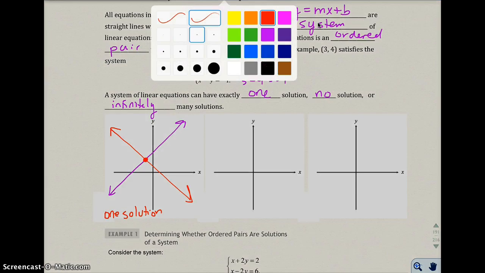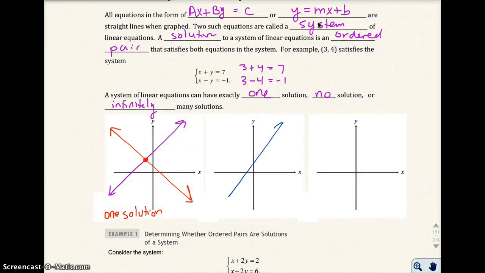You can also graph a line, and then when you graph the other line, they never cross one another. That would be no solution. That would only happen if the lines are parallel.